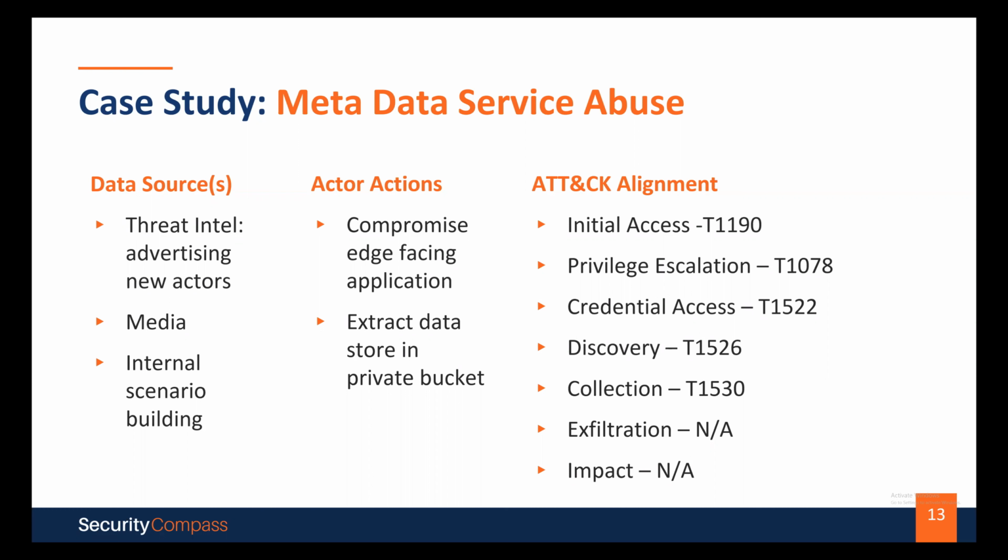That's based off of the information received, so you can have high fidelity that this technique should be considered. Based on the end information of data being exfiltrated from a private bucket, you can assume that there was privilege escalation involved and assign that to T1078, usage of a valid account.